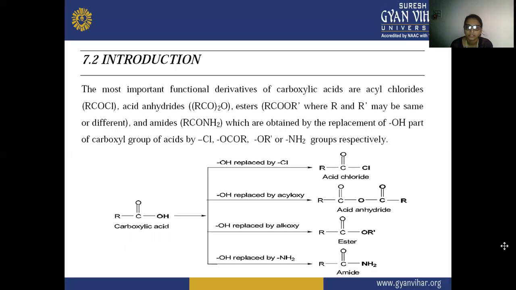How are they formed? The important carboxylic acid functional groups are acyl chloride, acid anhydride, esters and amides, and these can be obtained by replacement, meaning in the carboxylic acid, the hydroxyl part that is attached to the carbonyl part has been replaced by these Cl, OCOR, OR, NH2 groups.